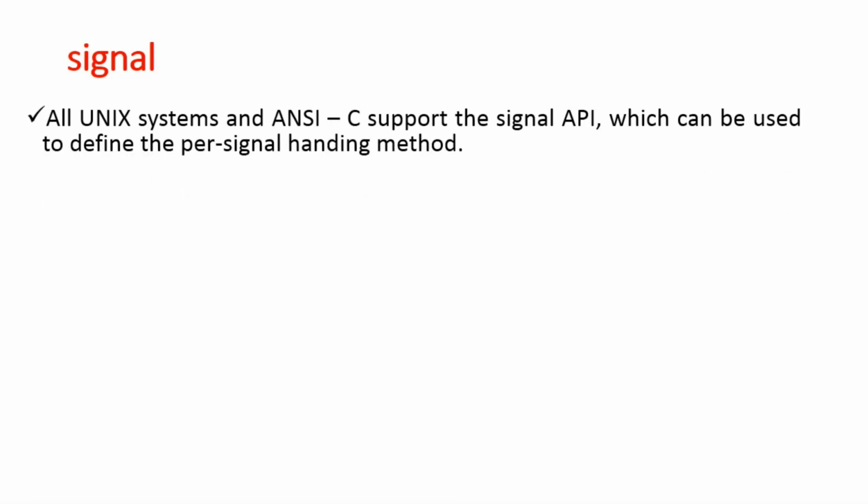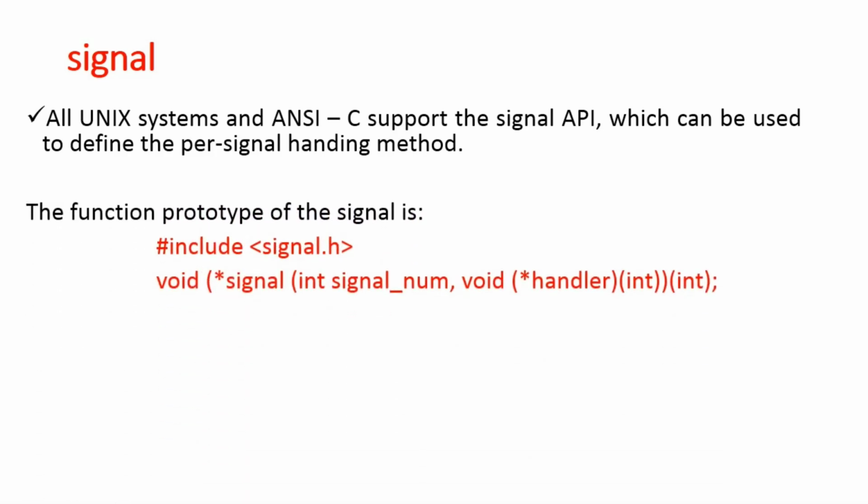Next one is the signal API. All Unix systems and ANSI C support the signal API, which can be used to define the per signal handling method. So this is the function prototype.